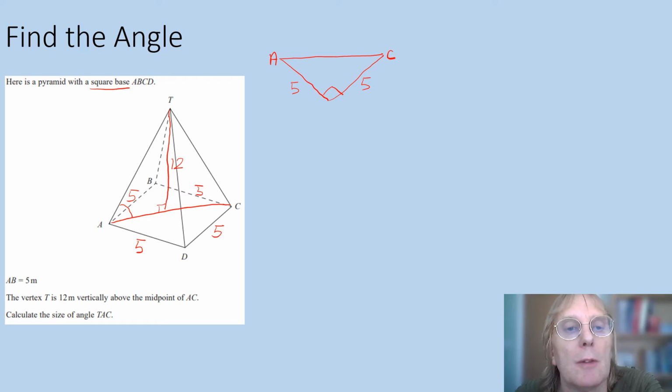I'm going to call that x, and we'll have x squared equals 5 squared plus 5 squared. So x squared is going to equal 25 plus 25, that's going to be 50. So x squared equals 50. So x equals the square root of 50.